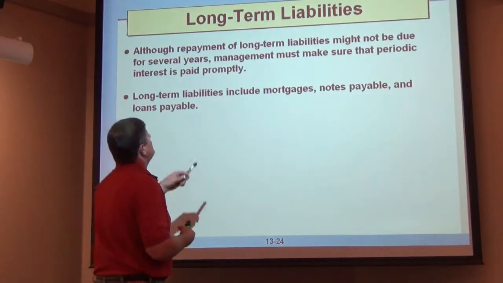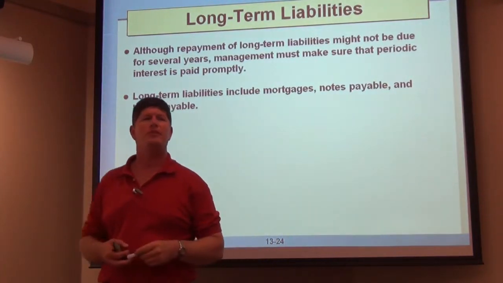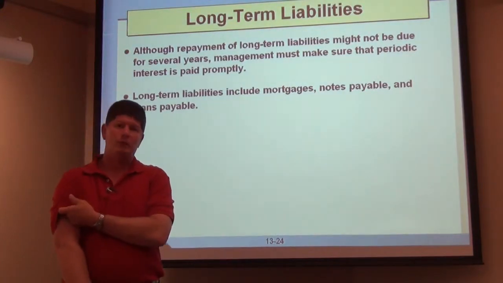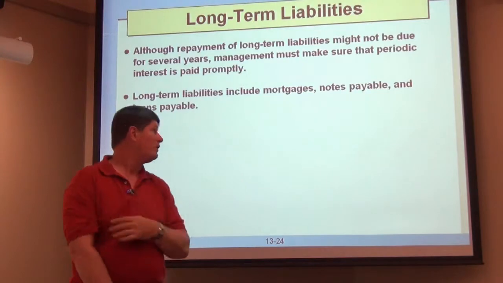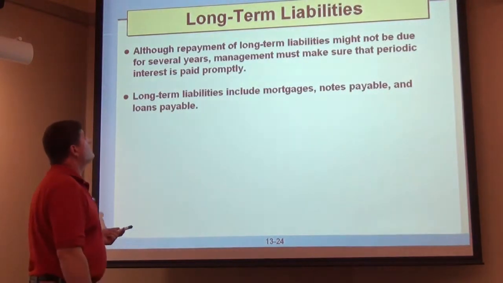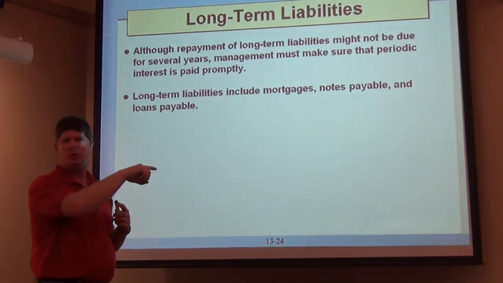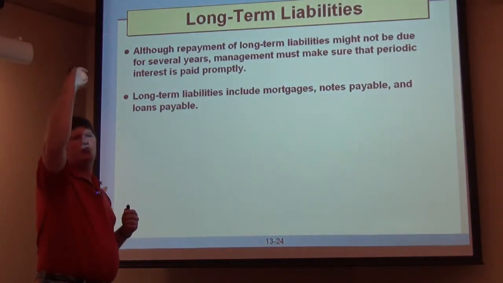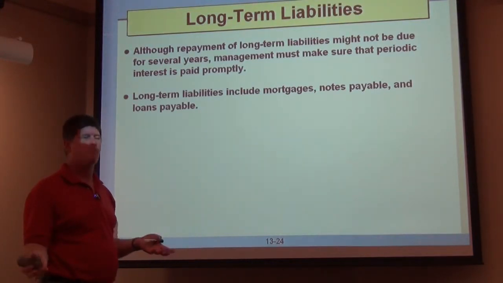And you list things like long-term notes payable, mortgages, things that you're going to have to pay off in more than a year, more than that 12-month period. Okay? And you just list them and show total long-term liabilities, and you add your current liabilities and your long-term liabilities, and you get total liabilities. Good? Okay.